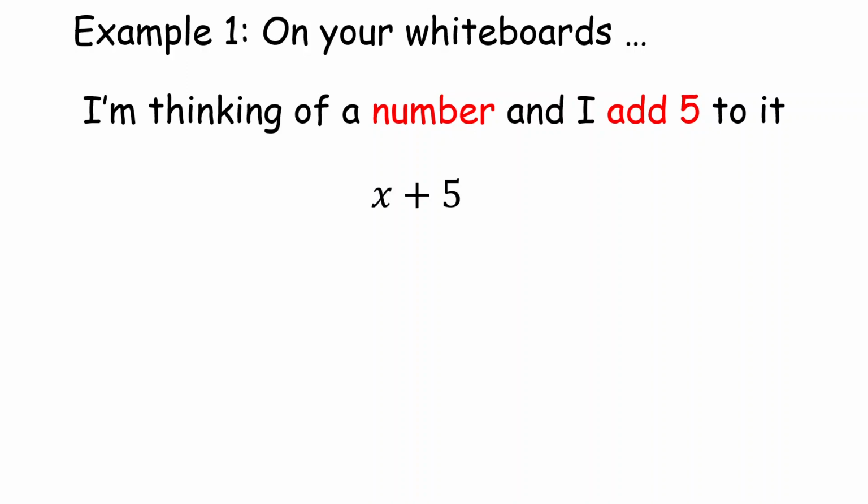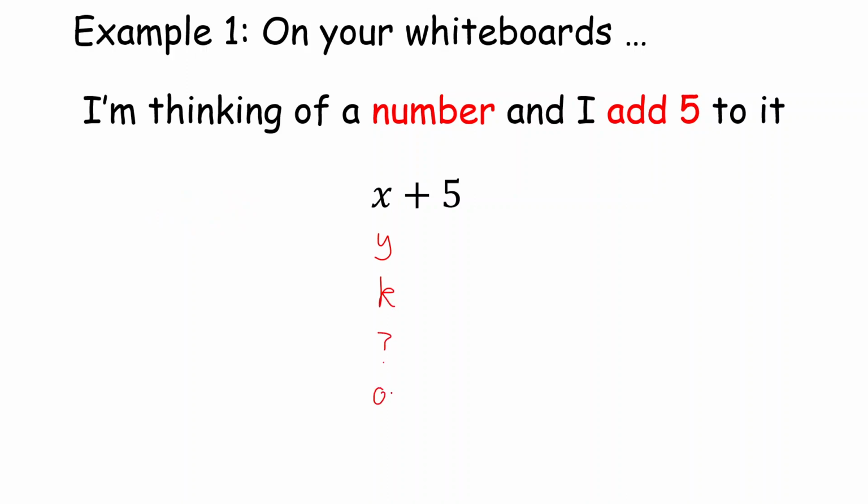Well, the way that we would do that is something like this. I'm thinking of a number, and this number we can represent using a variable. This number, I don't know what it is. It could be 3, it could be 100, it could be a million, it could be -2. I don't know what it is, but I represent it using some variable. In this case, I've chosen the letter x. You could have used y, you could have used k, you could have used a question mark.